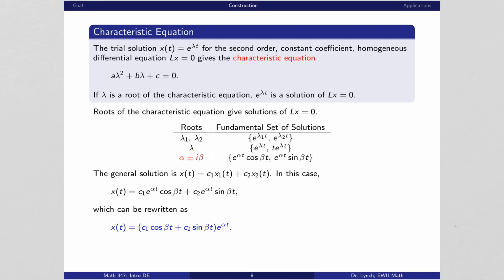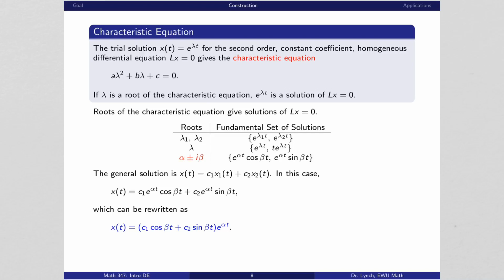In the case of complex conjugate eigenvalues, similarly, the fundamental set of solutions is e to the alpha t times the cosine of beta t and e to the alpha t times sine of beta t. The general solution is a linear combination of those two linearly independent solutions, which once again we typically factor out the common exponential factor to write as (c1 cosine beta t plus c2 sine beta t) times e to the alpha t.